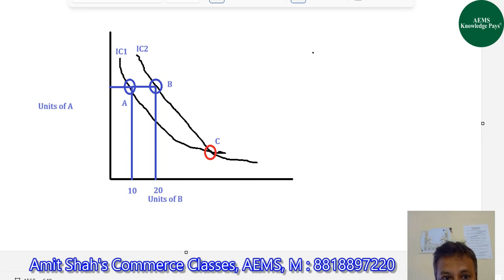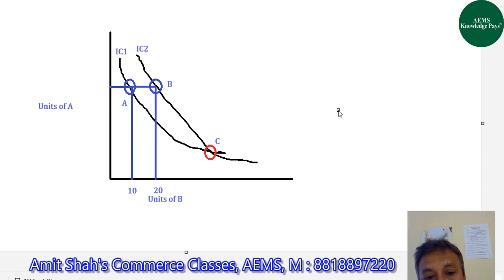Now listen to me carefully, guys. I am explaining why two indifference curves cannot intersect in an indifference map. If they intersect, then we will have a common point on both the curves as I have made here, that is point C. Yes or no?